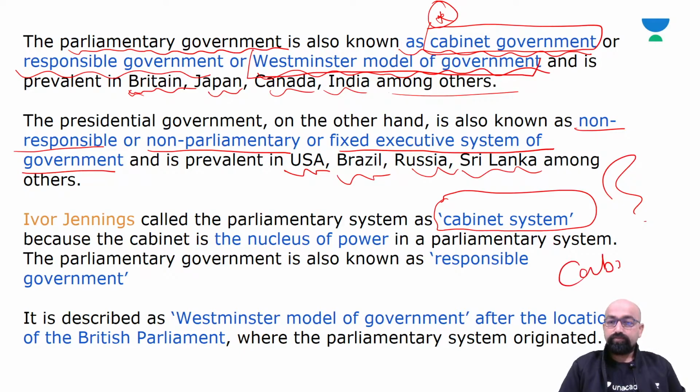That's why it's known as the cabinet system and is also known as responsible government.